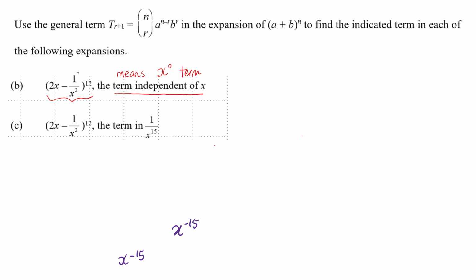This is something that you need to remember. Independent of x means we do not want the x there, so it's a constant. A constant can be expressed as x to the power of 0. So that is the term that we're interested to find, the x to the power of 0 term.